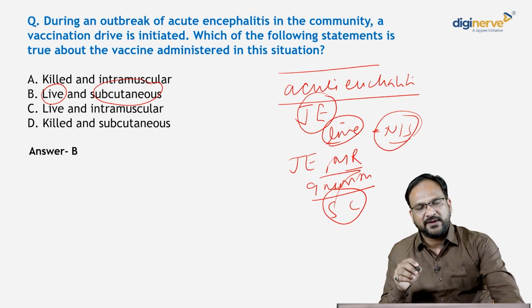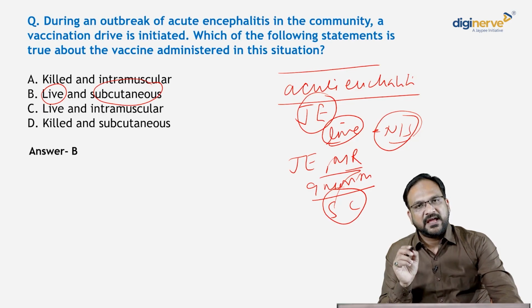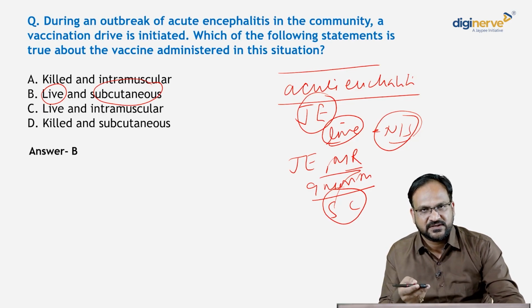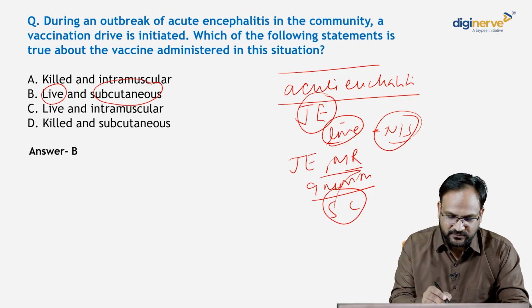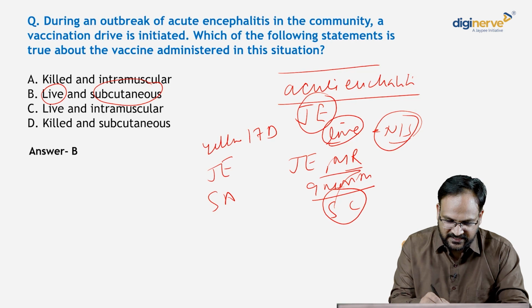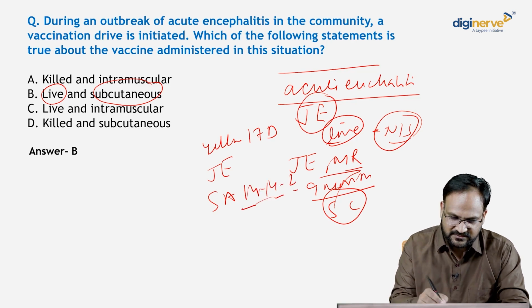During an outbreak, we usually give the live vaccine. Why? Because the live vaccine initiates the immune response faster and earlier. This is a live vaccine constructed using the yellow fever 17D and Japanese encephalitis SA 14-14-2 vaccine strain.